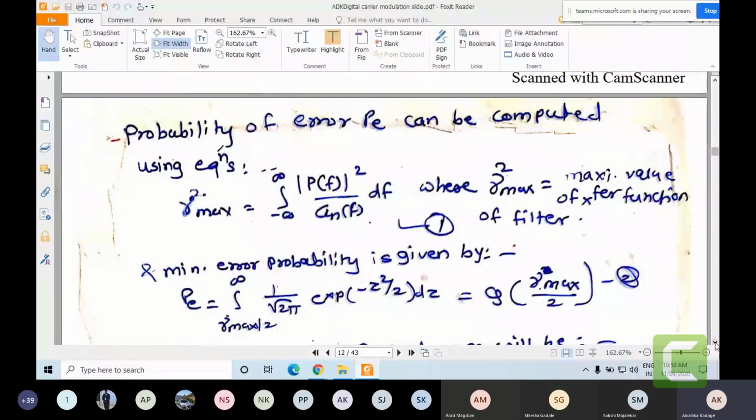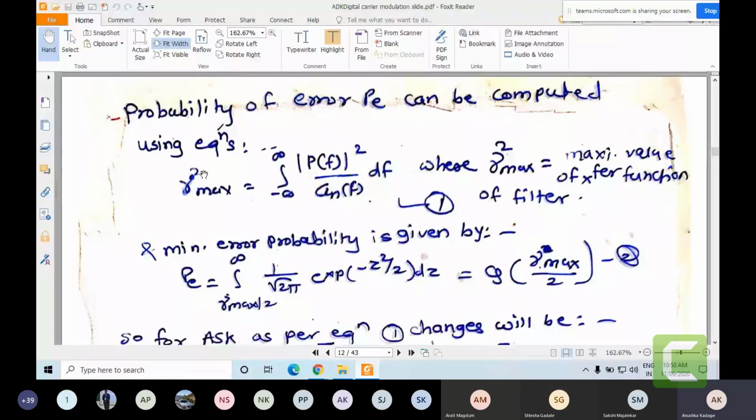So gamma square max is nothing but the maximum value of transfer function of filter. Because just now, previous to this derivation part, I have told you that based upon the filter parameter definition, the probability of error will be dependent.